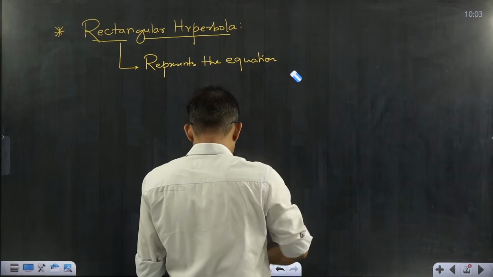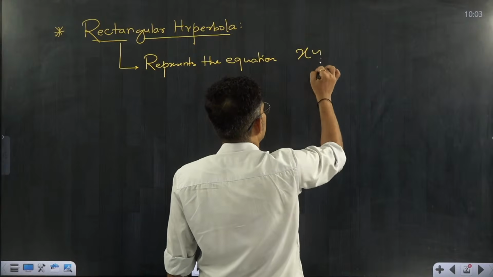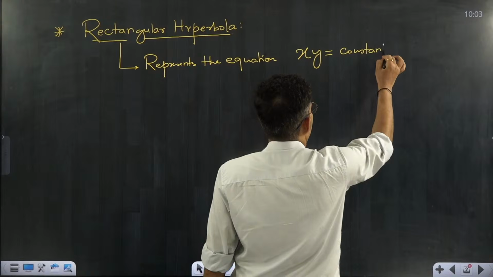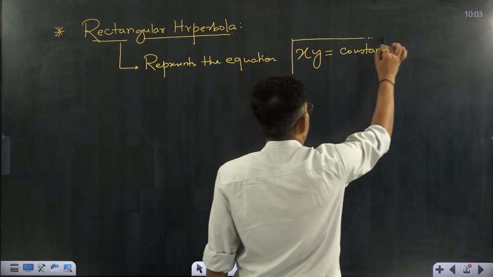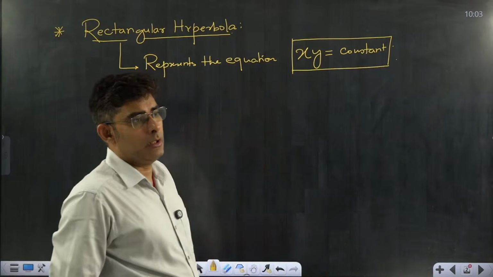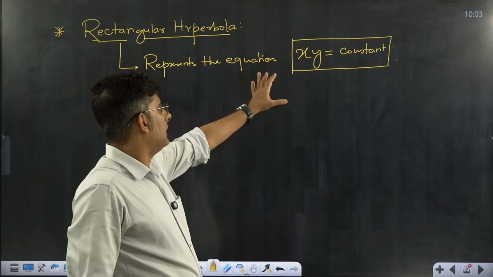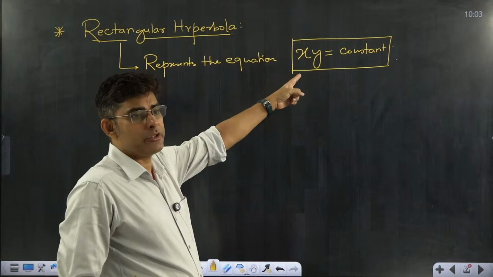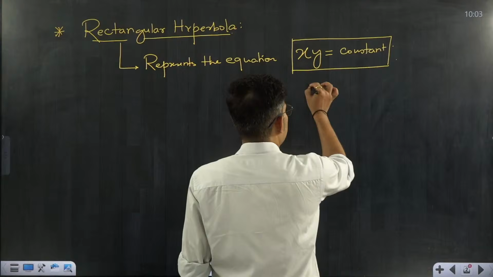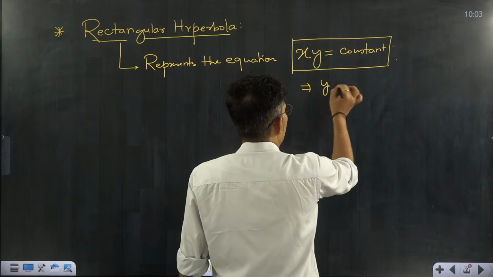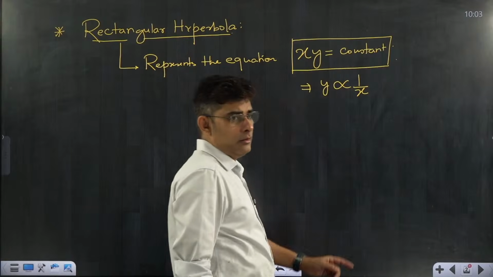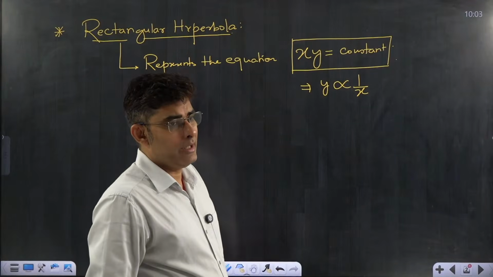Whenever we have two variables such that their product x into y is a constant, the curve representing the equation x into y equals constant is a rectangular hyperbola. Now when x into y is constant, this means y is inversely proportional to x.